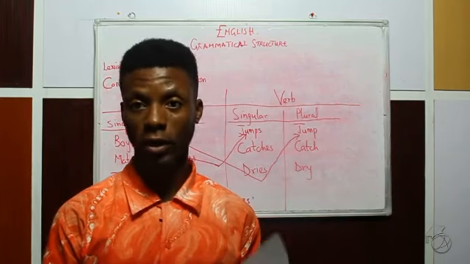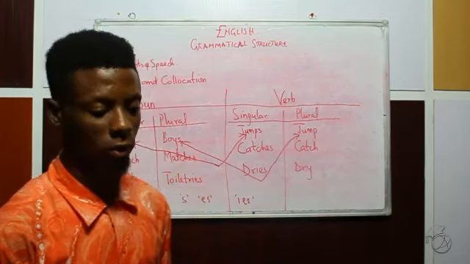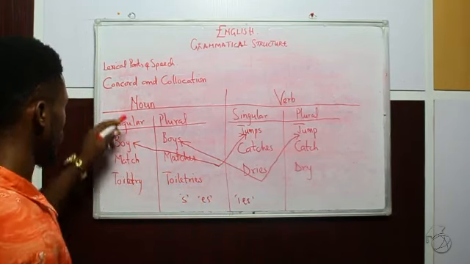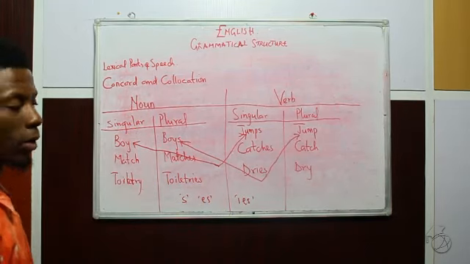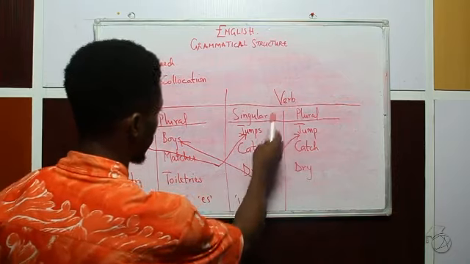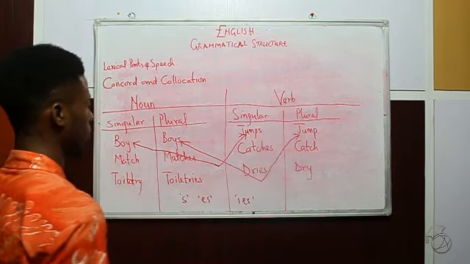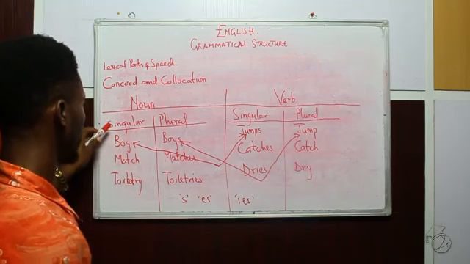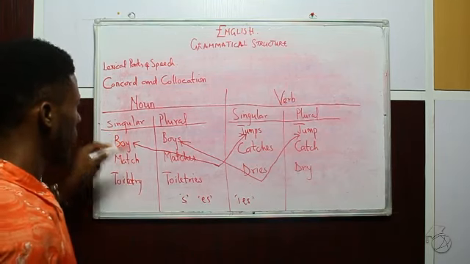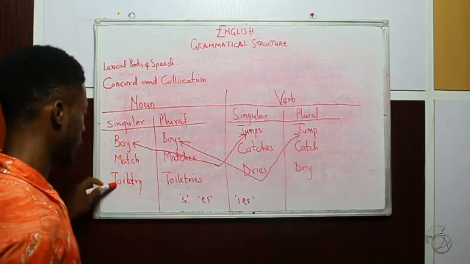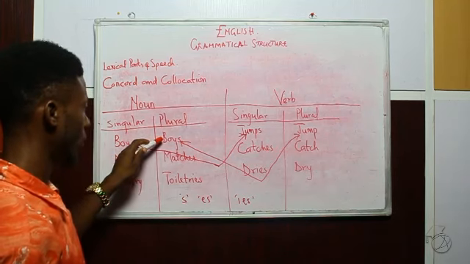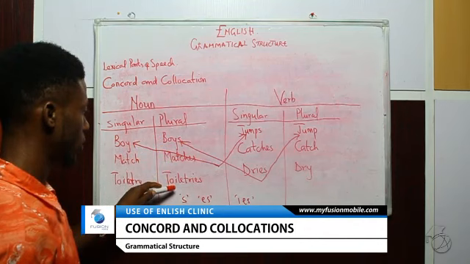Consider the following illustration on the board. We have noun, singular and plural form. We also have the verb, the singular and the plural form. Now, under the singular form of the noun, we have boy, match, toiletry. And the plural, we have boys, matches, toiletries.